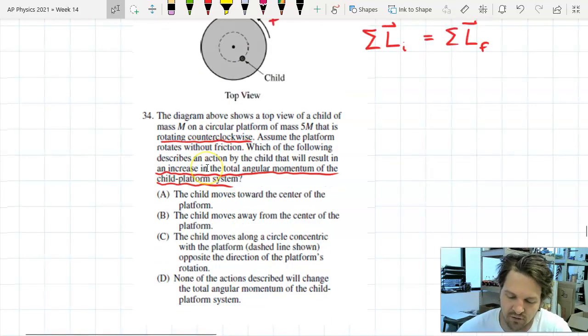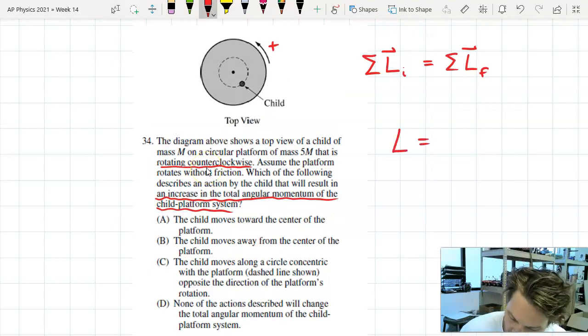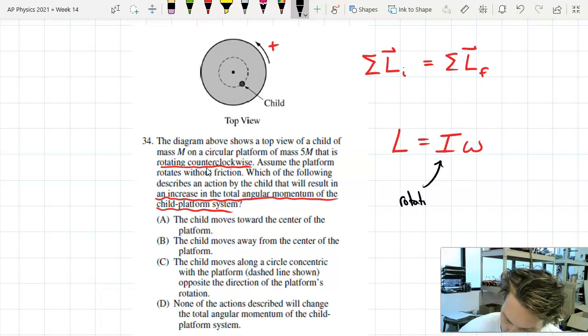Even if the child moves toward the center of the platform, think about conservation of angular momentum. It has to do with I and omega. That has to do with rotational mass or inertia, and this has to do with angular speed.